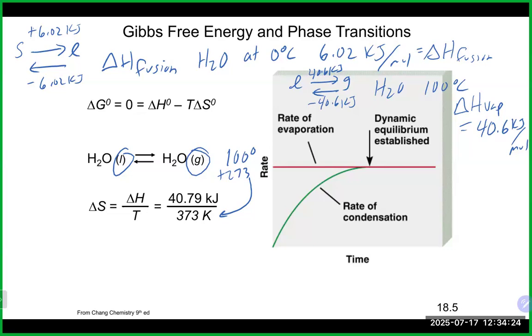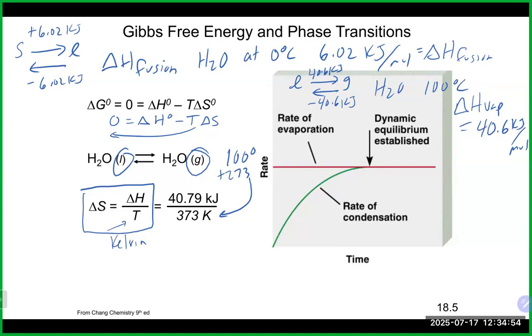So at equilibrium, delta G will equal 0. And we could rearrange this and solve for our delta S, bringing this to the other side and then dividing, which gives us delta S is equal to delta H divided by the temperature. Temperature obviously would be in Kelvin.